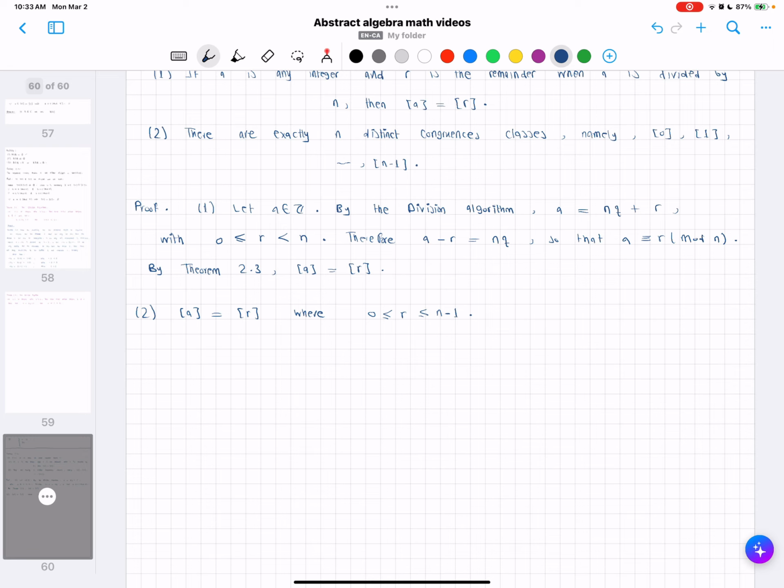So we will show that no two elements S and T of 0 to n minus 1 are congruent modulo n.